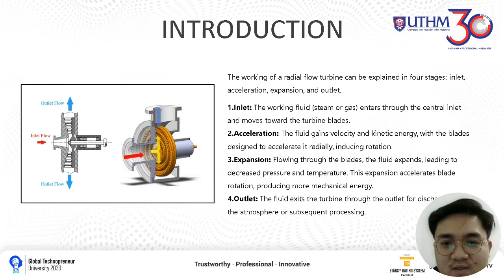The third one is expansion. Flowing through the blade, the fluid expands, leading to decreased pressure and temperature. This expansion accelerates blade rotation and produces more mechanical energy. And the fourth one is the outlet. The fluid exits the turbine through the outlet for discharge to the atmosphere or subsequent processing.